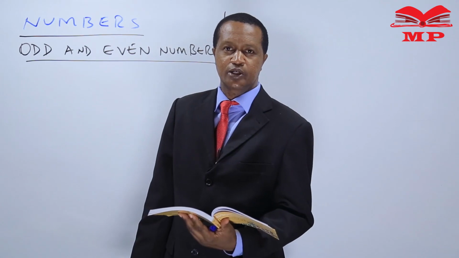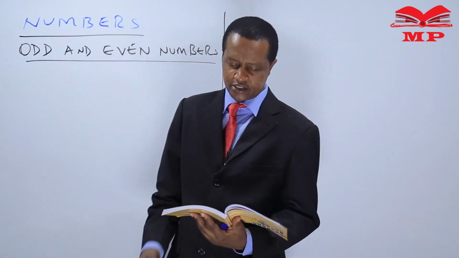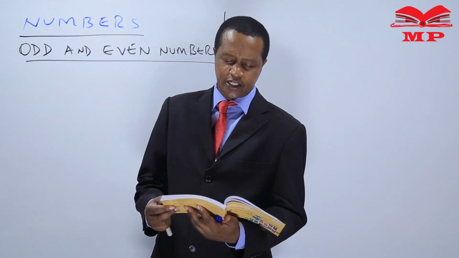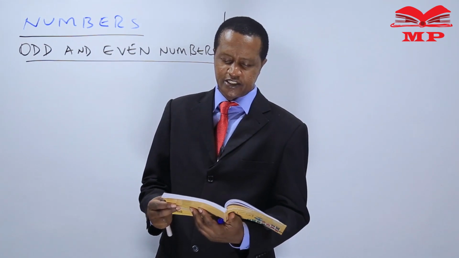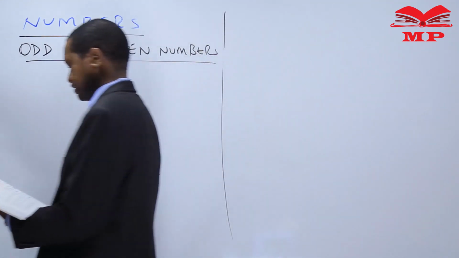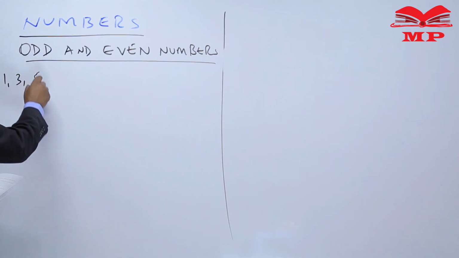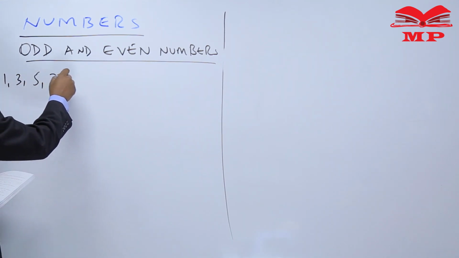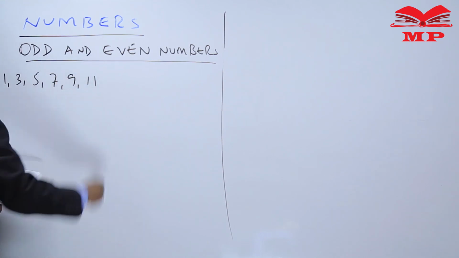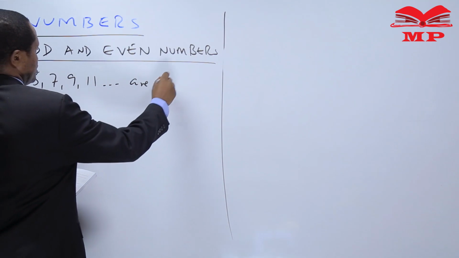Question 1 says 1, 3, 5, 7, 9, 11 are odd numbers.